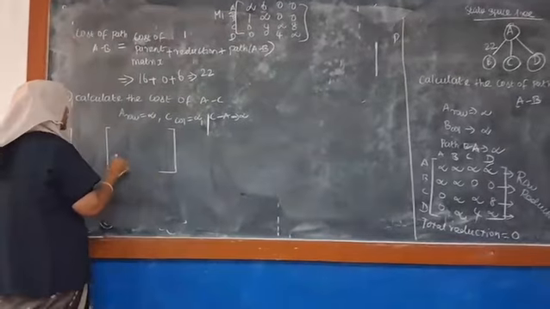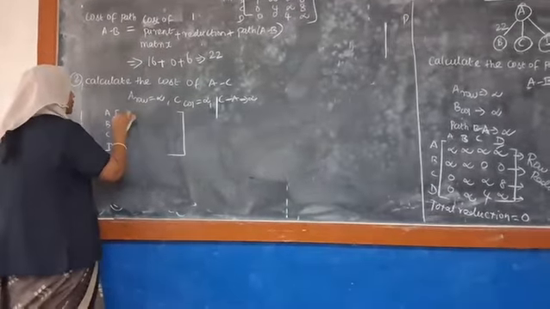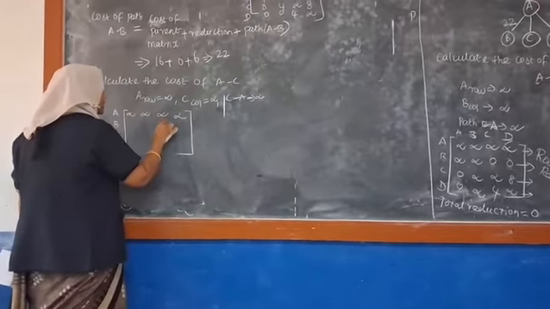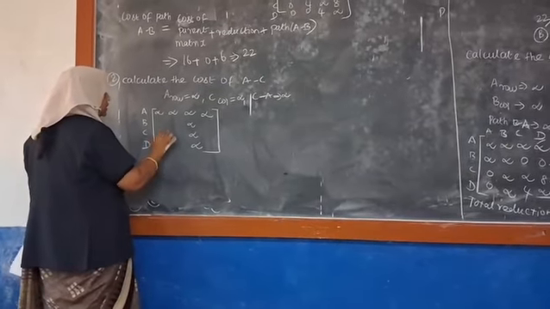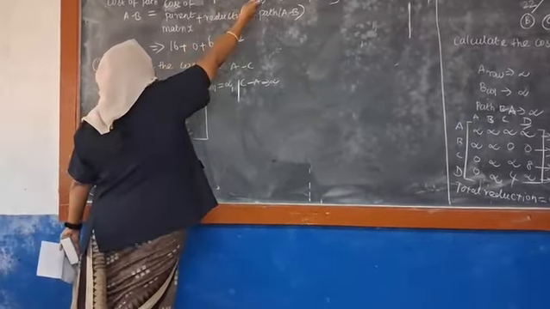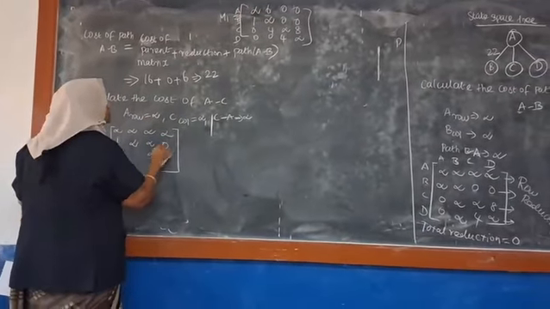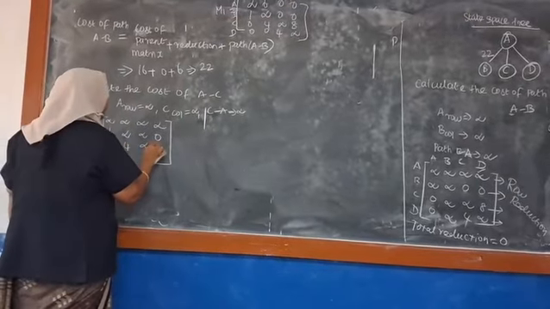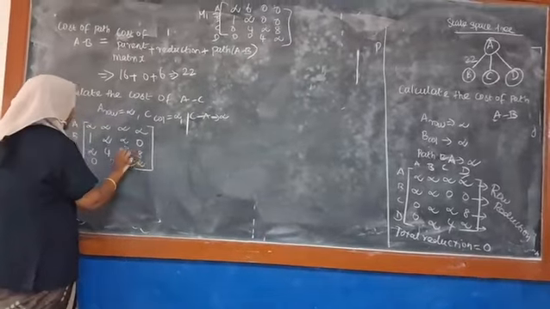Take this, A, B, C, D. A row is infinity, and C column is infinity, and C to A is infinity. The rest of the values we just take from M1. So this is 1, infinity, 0, and then 4, 8, 0, 0, infinity.